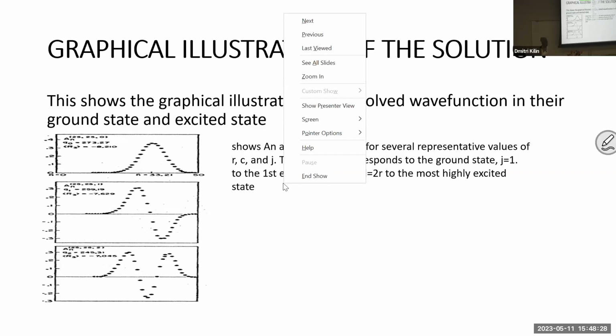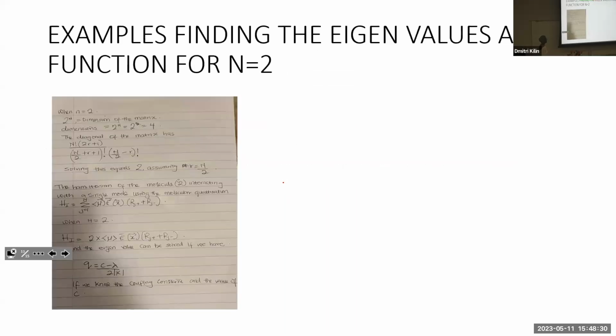So Dr. Killing asked me a question, that this is not in a printed version. He asked me, what if my two-level system has n equals 2, how am I able to solve it? So I tried to look at it and say, okay, what approach am I going to use?